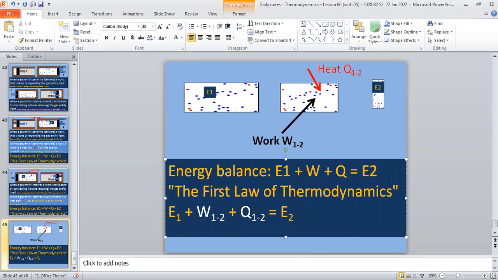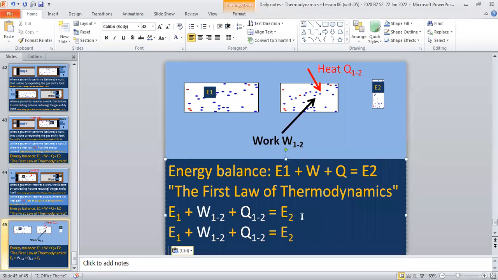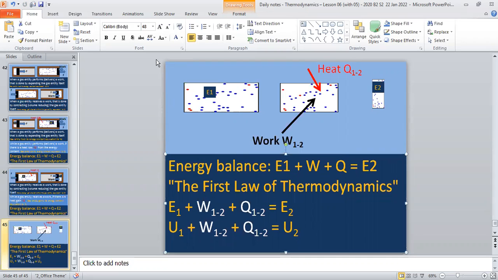And actually E1 is U1, internal energy levels, so we will be learning on that as well. Okay, good. A little more explanation to go.